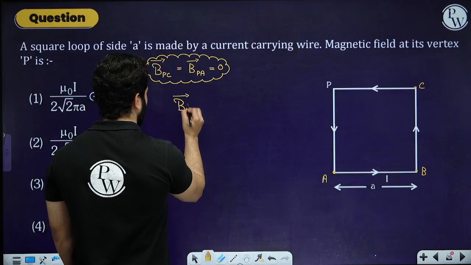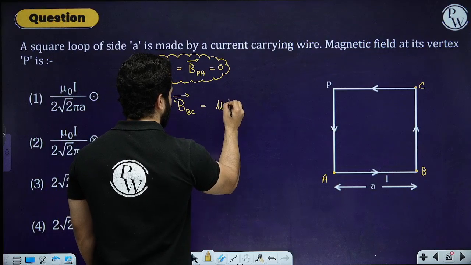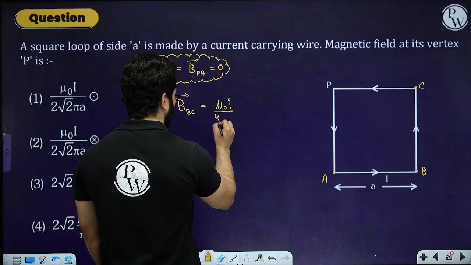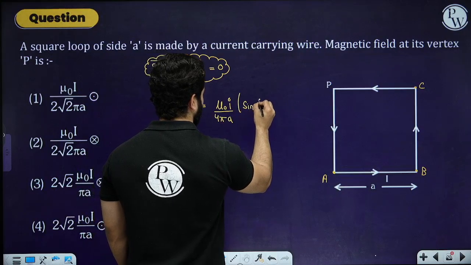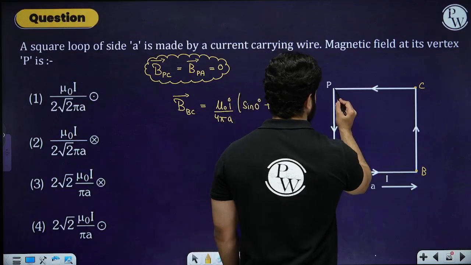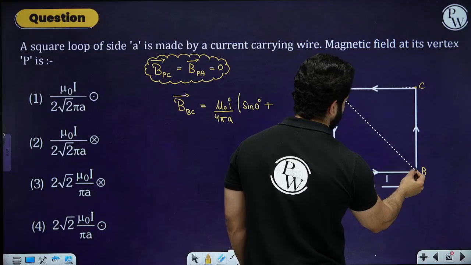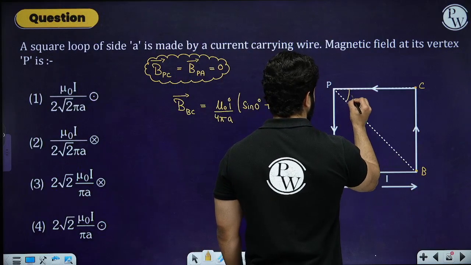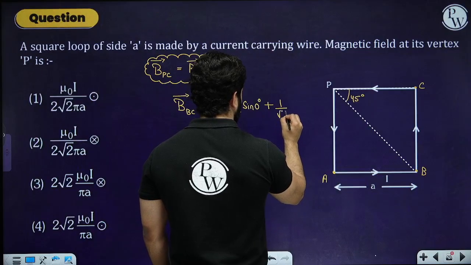That will be mu naught I upon 4 pi a, the distance is of course a, times sine 0 plus sine of this angle. If I talk about this angle, this is going to be 45 degree, so this will be 1 upon root 2.